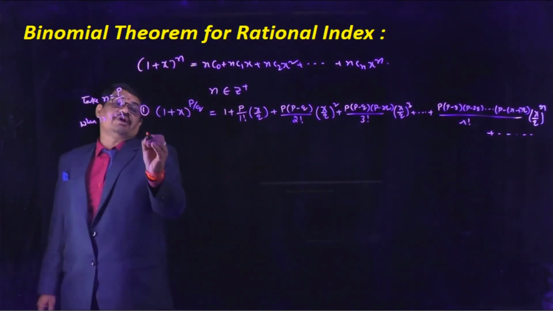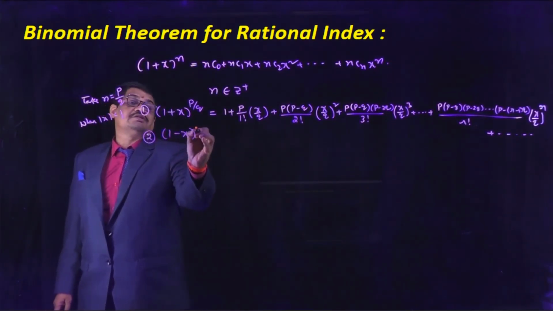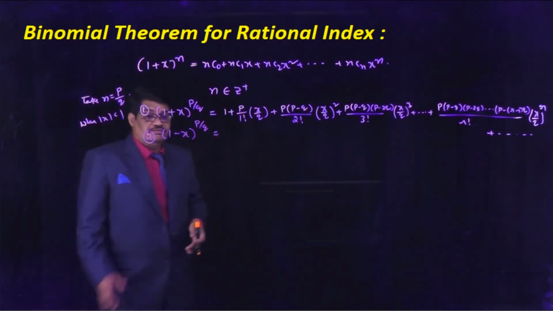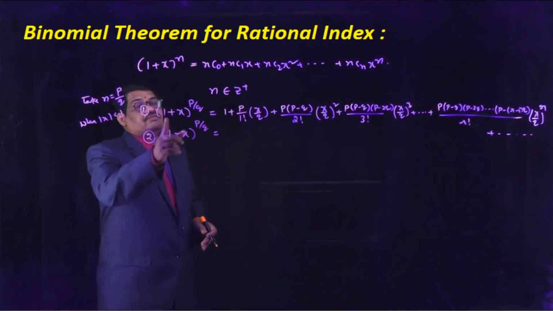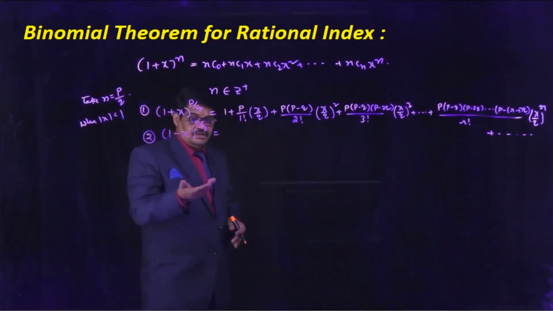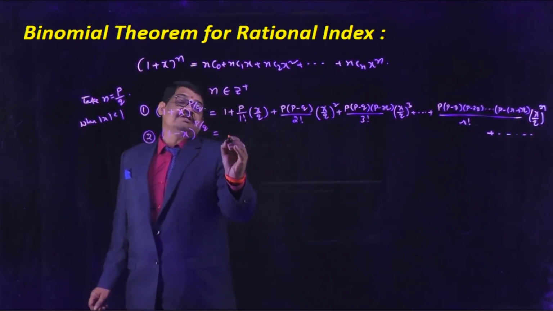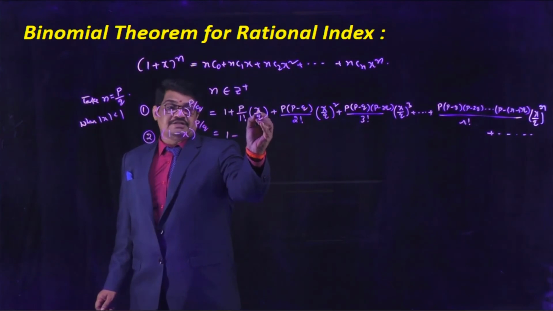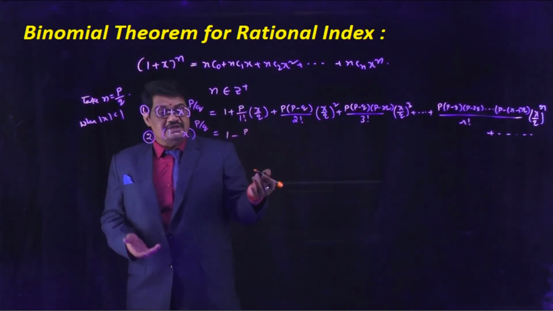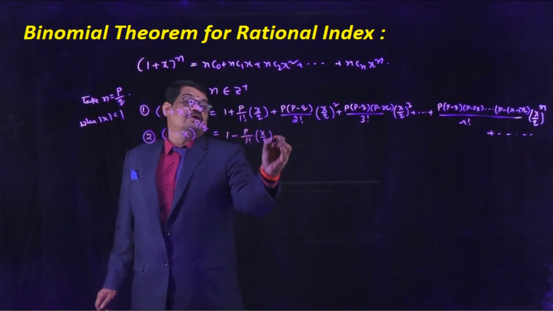So next, we write this formula, that is (1−x)^(p/q). What is the difference between the first one and the next one? Here it is 1 plus x, here 1 minus x. In the place of x we are writing minus x, and we get this series. Here where x is replaced by minus x, we get plus and minus alternately: p by 1 factorial into x by q.